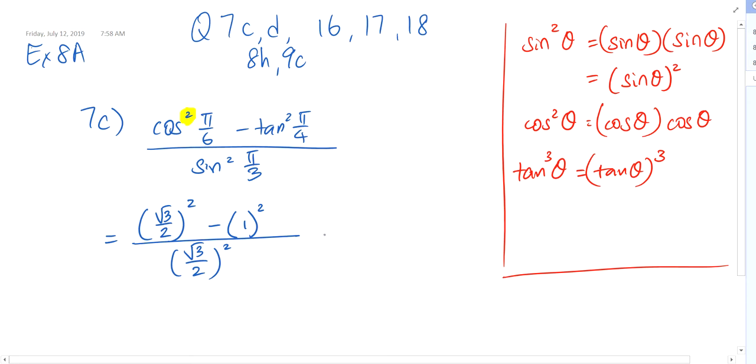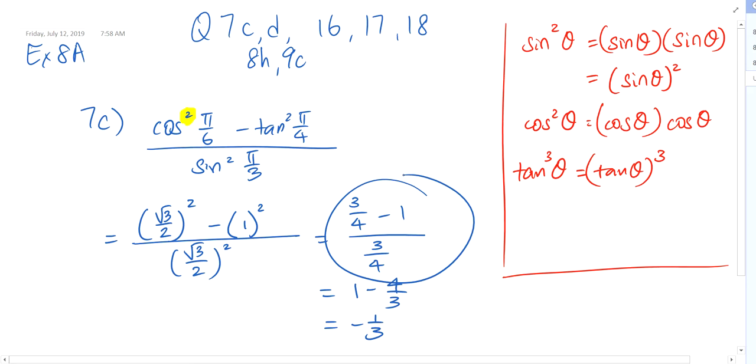So this gives me 3 over 4 minus 1 over 3 over 4, which is 1 minus, what is this? Of course, you can use your calculator to evaluate this part. So that's 7c.